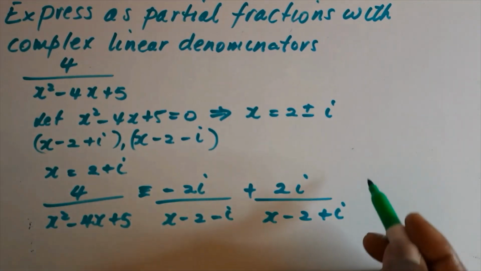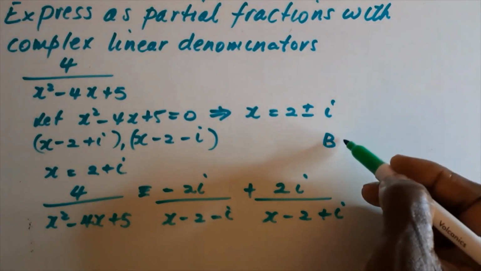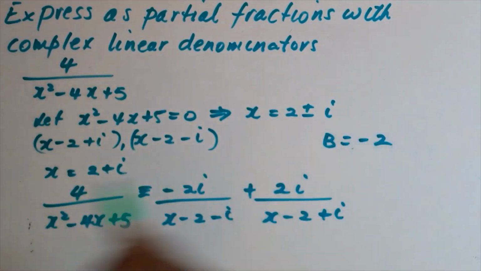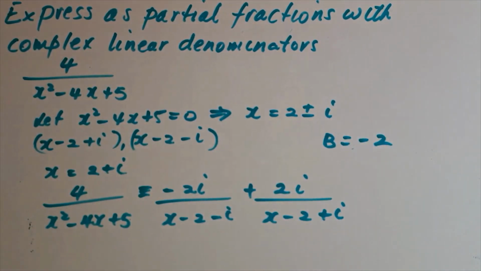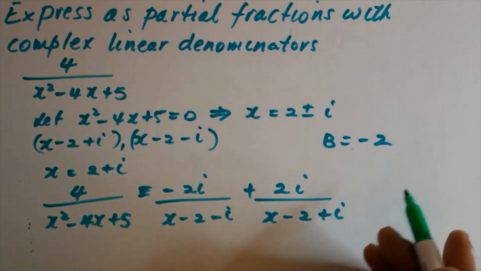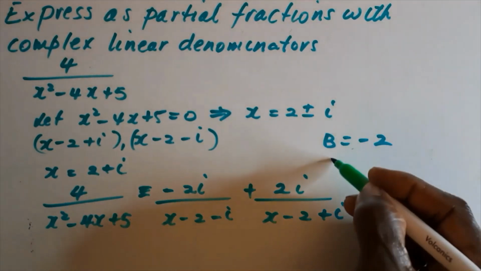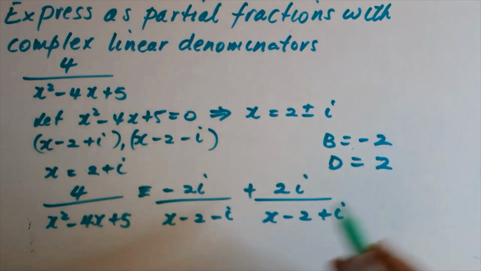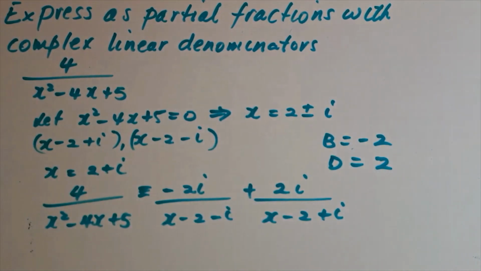Just to recap, we had that b was equal to negative 2 and d equal to 2. And we substituted those in those complex numerators in a previous part of this video.